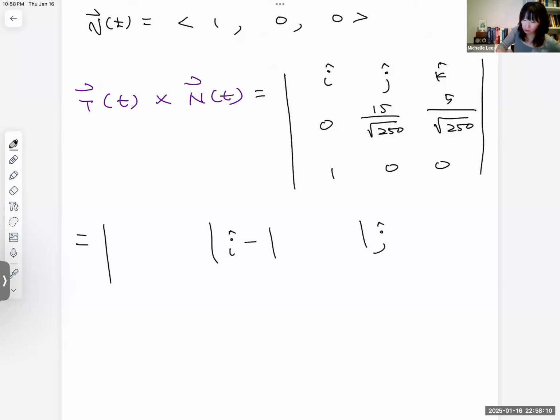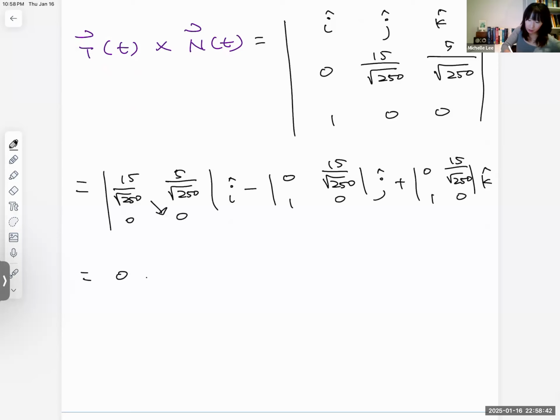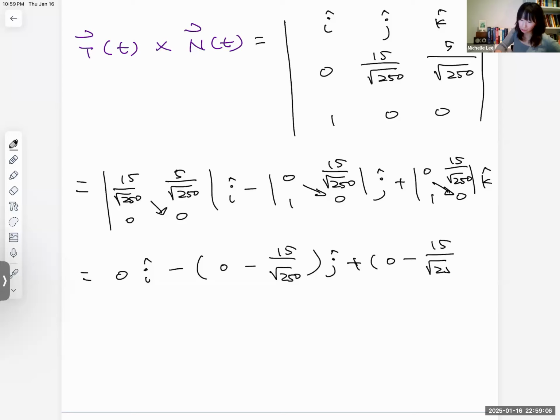I, J, K, I 15 over square root of 250, 5 over square root of 250, 0, 0, and J 0, 15 over square root of 250, 1, 0, K 0, 15 over square root of 250, 1, 0, right? 0 I, and 0 minus 15 over square root of 250 and plus 0 minus 15 over square root of 250.